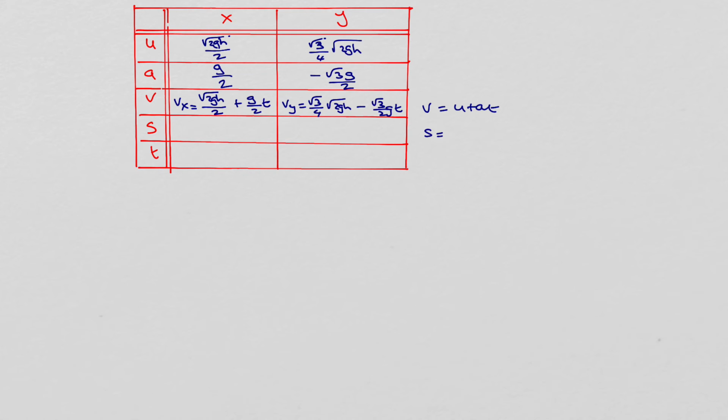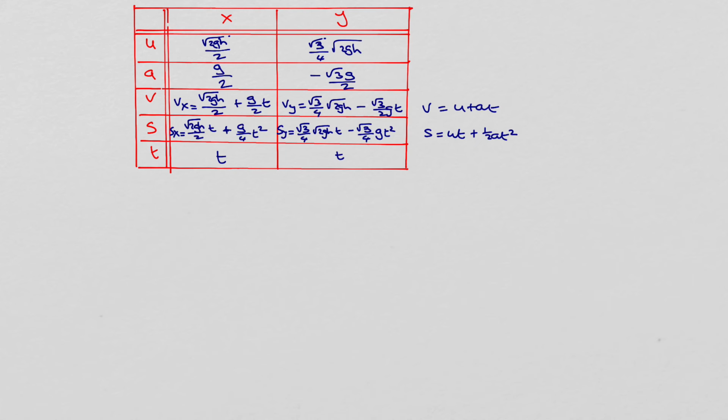And then s is ut plus a half at squared. So in the x direction, that's the square root of 2gh over 2 t, and then plus a half at squared is going to be g over 4 t squared. And in the y direction, that's root 3 over 4 times the square root of 2gh t plus a half, so it's going to be root 3 over 4 gt squared.